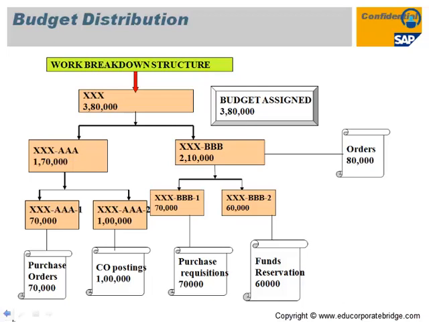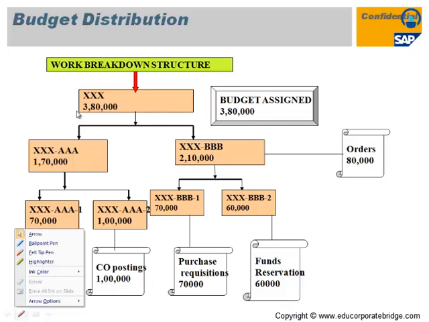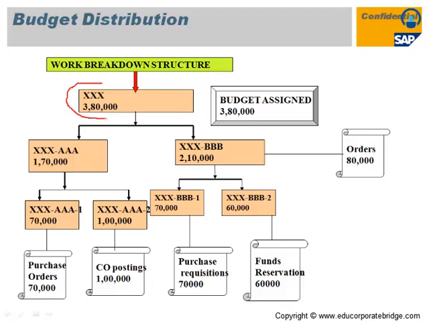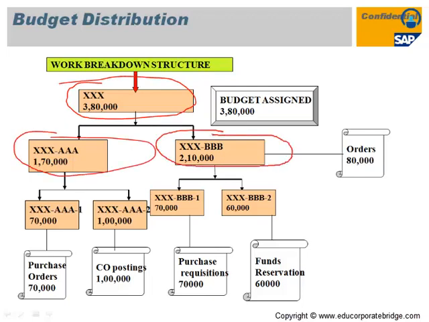For example, here we can see the WBS XXX having a budget of 3,80,000, which is later distributed on the lower level according to the requirement on that particular WBS, and again it will be drilled down to the lower level WBS, that is 70,000 and 1 lakh out of 1,70,000, and 70,000 and 60,000 out of 2,10,000.